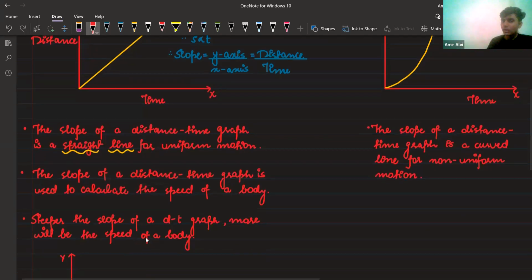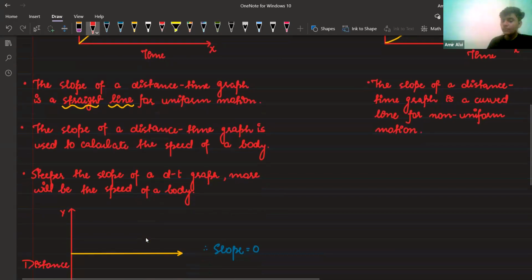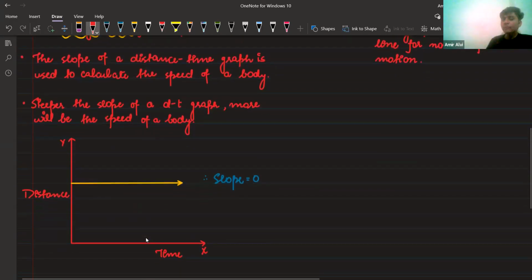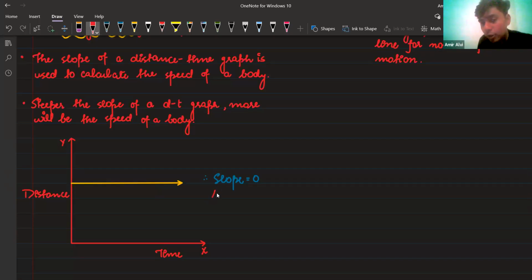Okay. Yes, sir. Next thing is, Naisha, if the body is at rest, what do you mean? That means distance will remain the same as time is passing. Is there any change in the distance or position, Naisha? No, sir. No, that means the body is at rest.